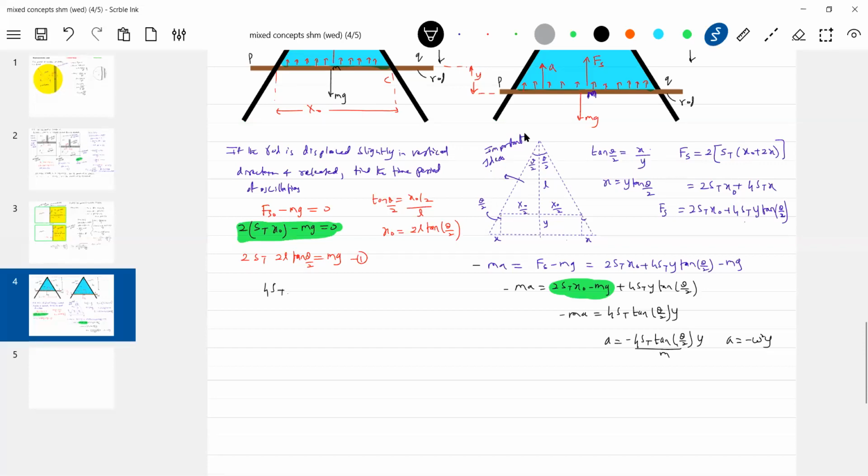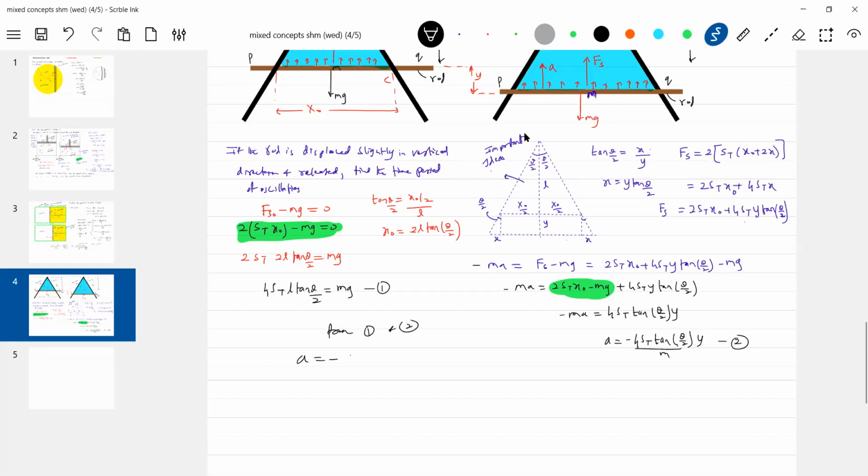4ST L tan theta by 2 should be equal to mg. So that 4ST tan theta by 2, we can write it as mg by L. From 192, acceleration is equal to 4ST tan theta by 2.